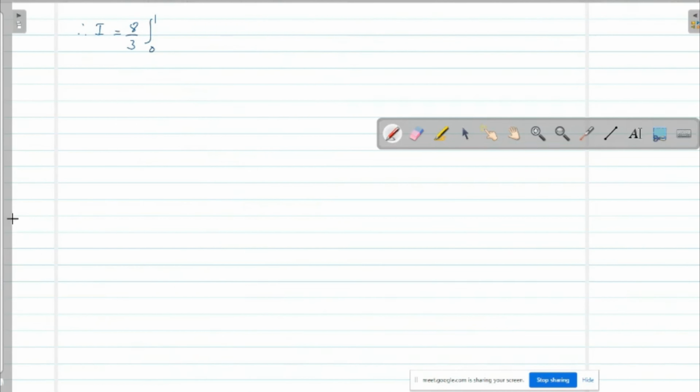Beta of m, n is equal to integration of limit 0 to 1 x raised to m minus 1 into 1 minus x raised to n minus 1 dx. This is the definition of beta function, and we will use this over here.